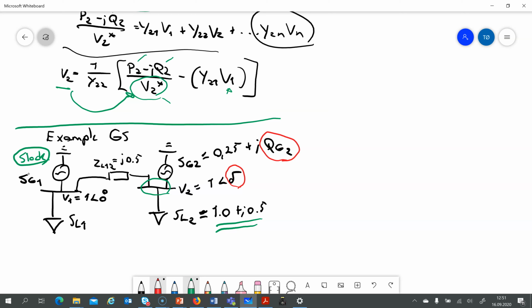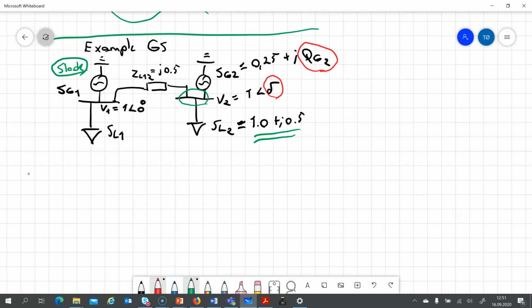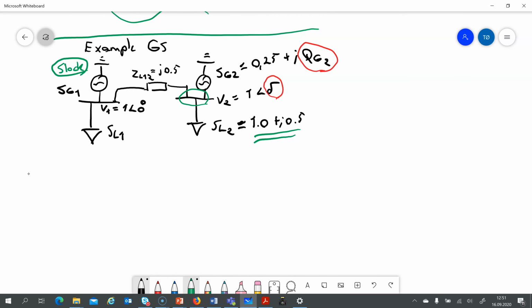So we start with the admittance matrix, as we had done earlier. This will be a very small one. So the Y bus equals Y11, Y12, Y21, Y22. There are two buses, so it's a 2 by 2 matrix.